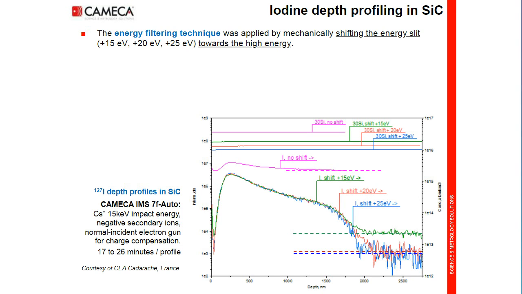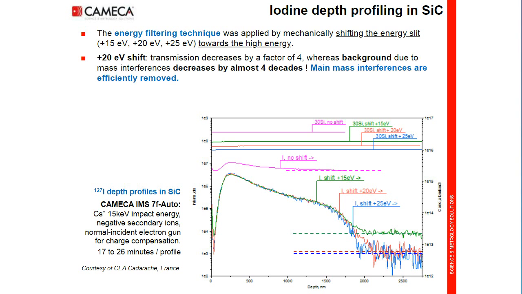For a 20 eV shift, the transmission is approximately 4 times lower compared to the conditions without shift. However, for the same shift, the background signal due to mass interferences decreases by almost 4 decades, proving that the mass interferences are efficiently removed. This results in an improvement of the detection limit of more than 3 decades, as indicated by the black arrow.